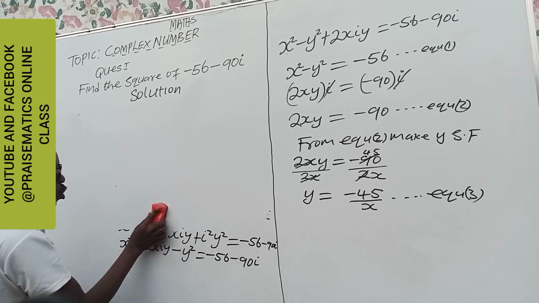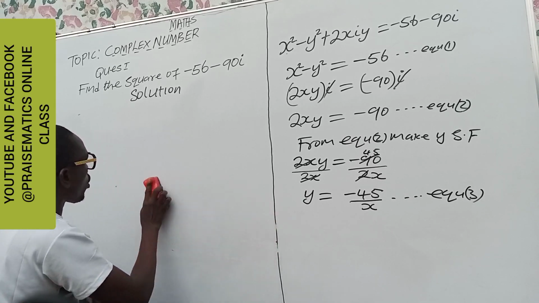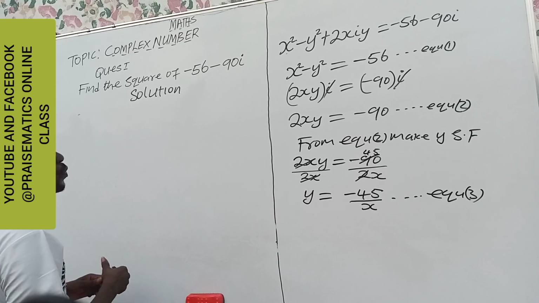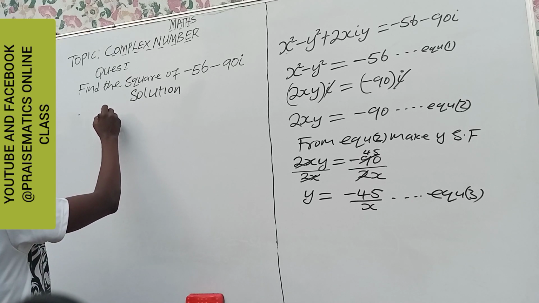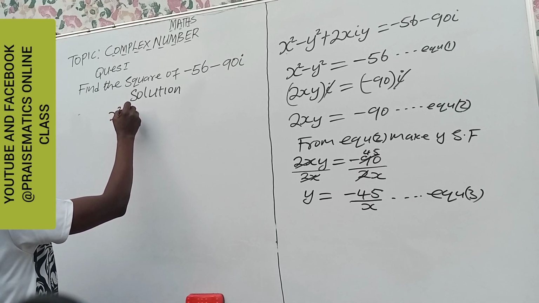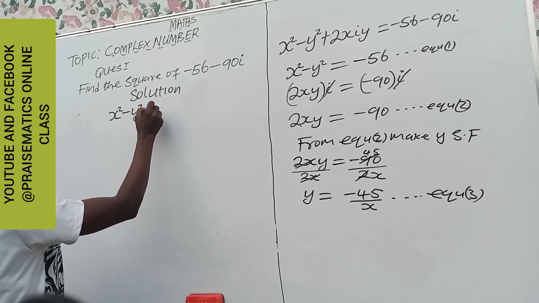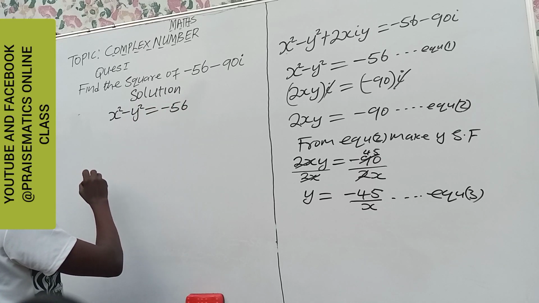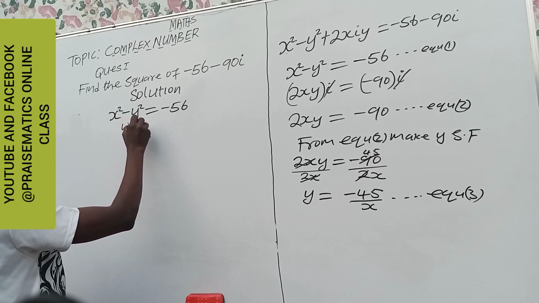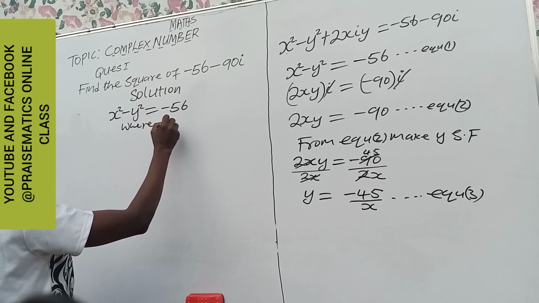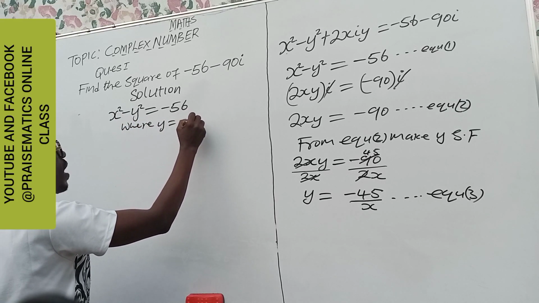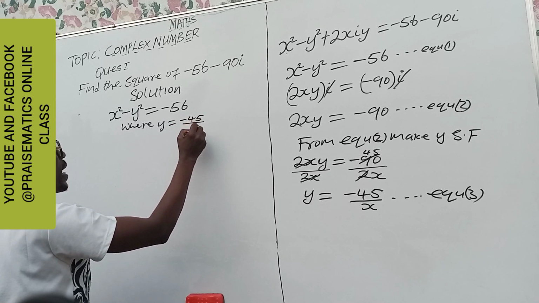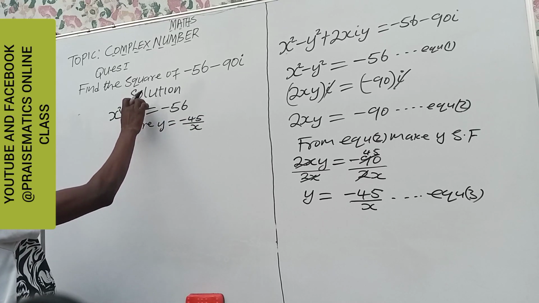From equation 1 we substitute. Equation 1 is x squared minus y squared is equal to minus 56, where y is equal to minus 45 over x. Now we substitute this into this equation.